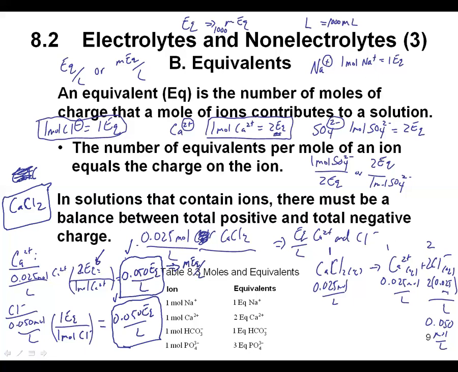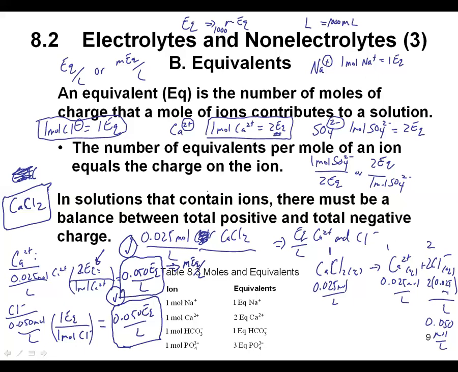That always happens when you do these calculations. The concentration of each ion, in equivalents per liter or milliequivalents per liter, should always end up being the same. As you can see here, for our calcium ions it's 0.05 equivalents per liter, and for our chloride ions it's 0.05 equivalents per liter.